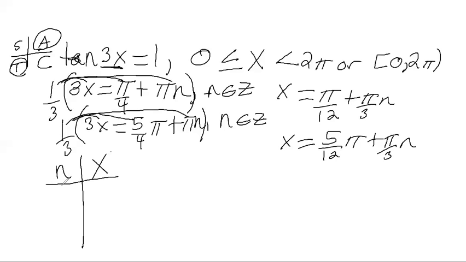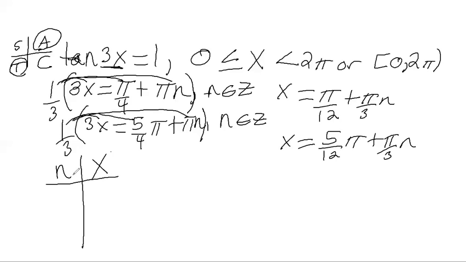So for instance, I can't have -1 for n for the first equation, because that would give me negative pi over 3 plus pi over 12, which winds up giving me negative 1/4 pi.